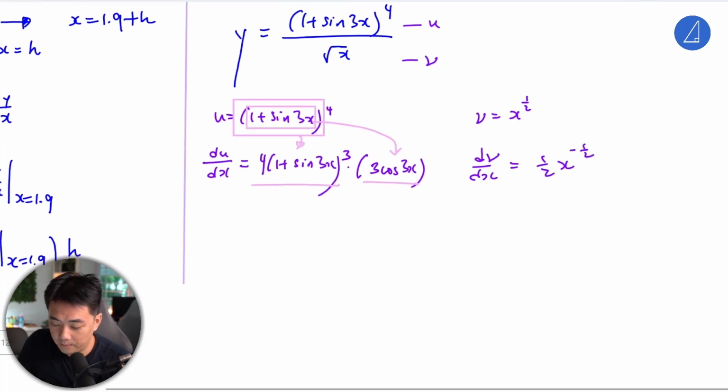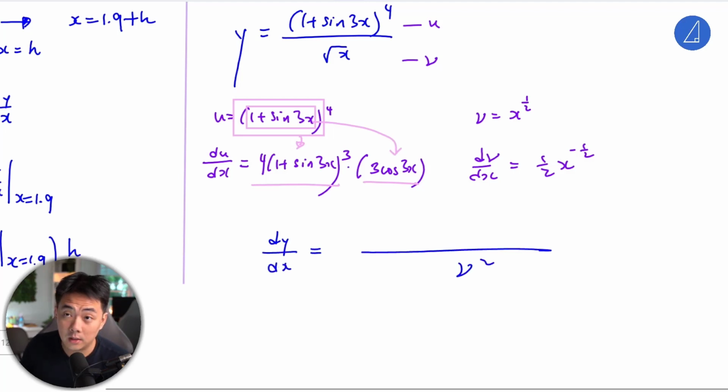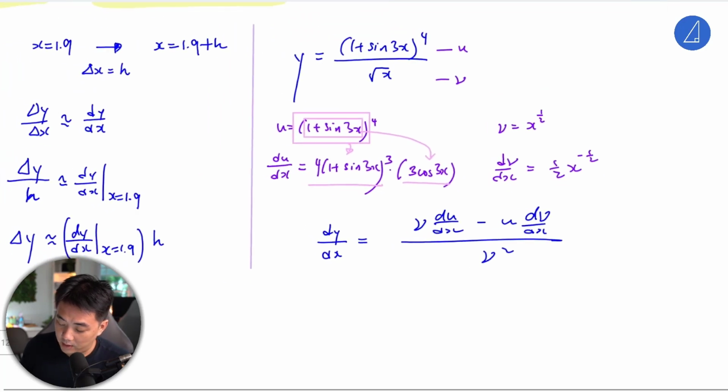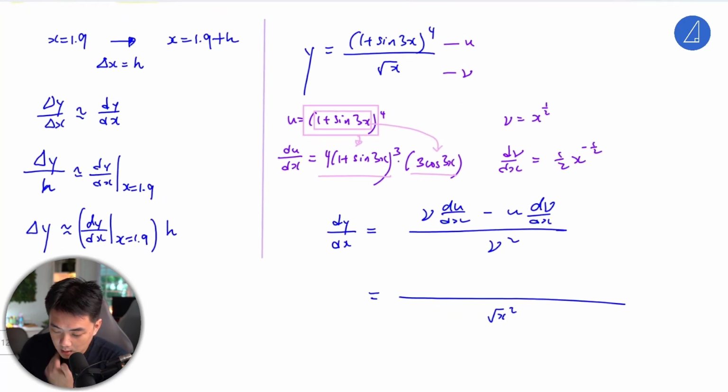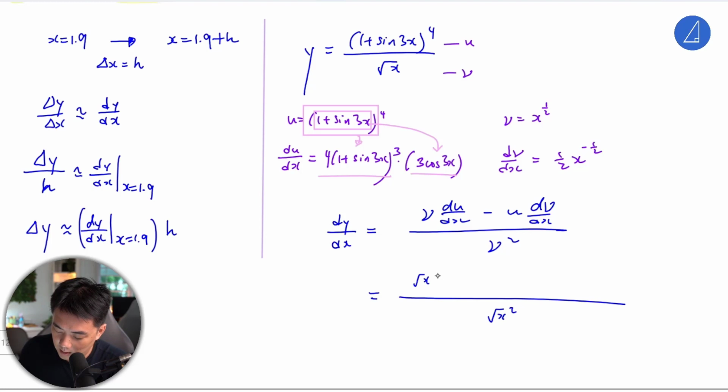So essentially for dy/dx, by the quotient rule, it is v du/dx minus u dv/dx, all over v squared. I'm just going to replace everything in. v squared, which is square root x squared, is just x. Then v, which is square root x, times du/dx, which is 12 cosine 3x times 1 plus sine 3x cubed.